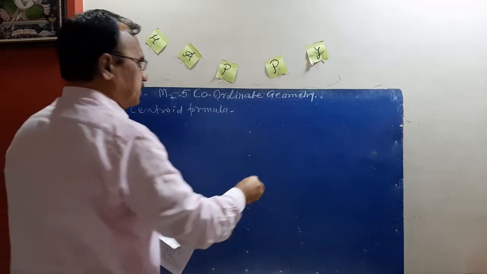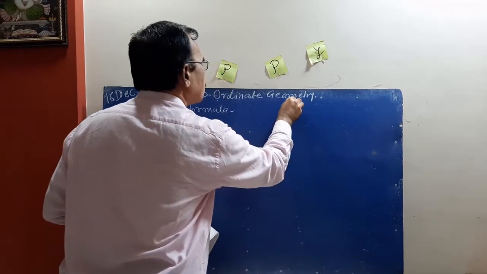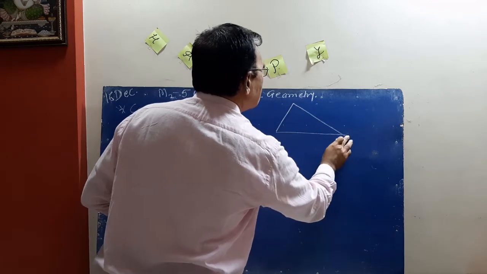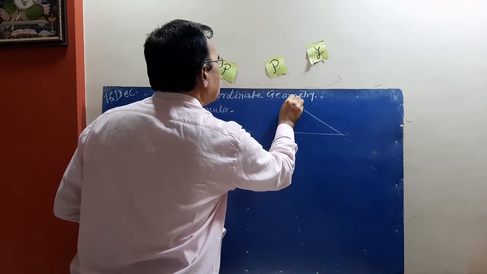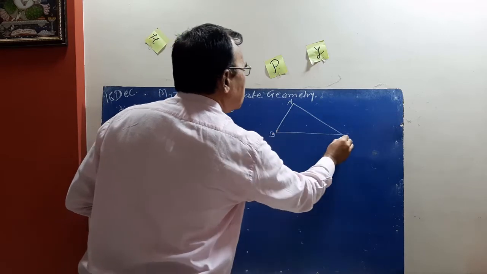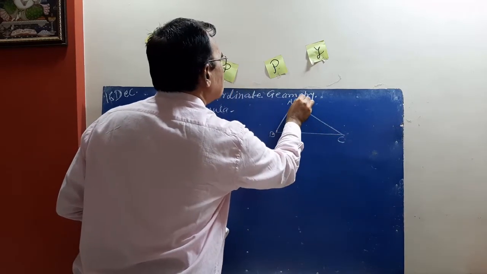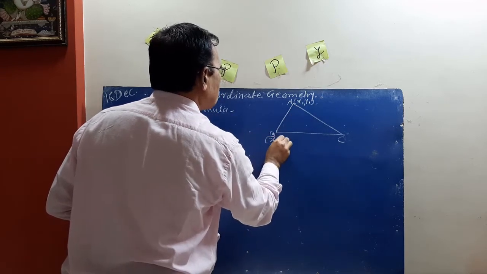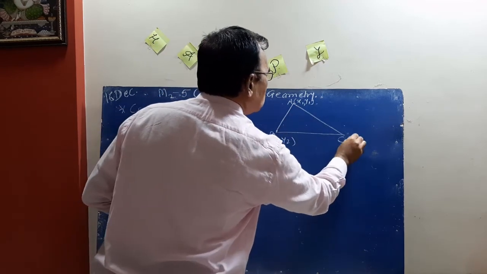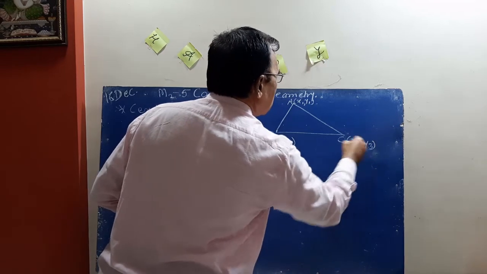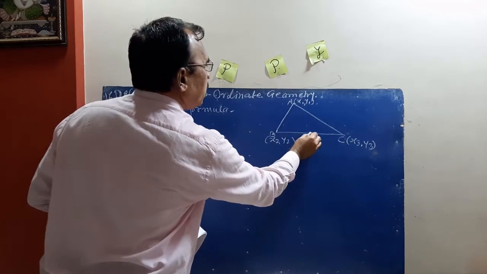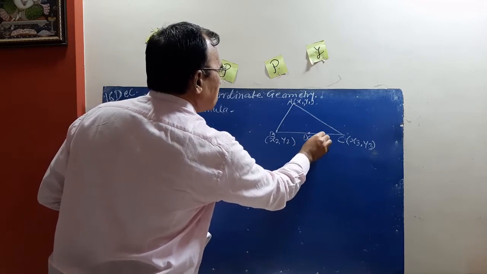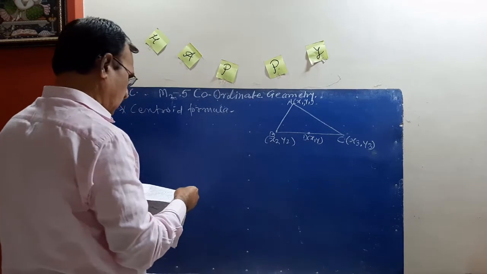Draw triangle ABC having coordinates x1, y1, x2, y2, and x3, y3, and take point D as the midpoint.